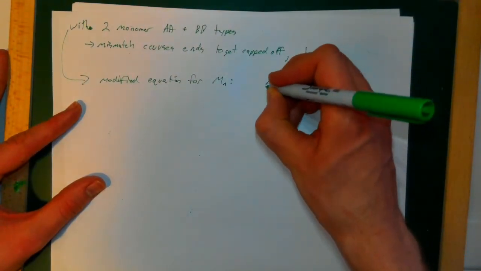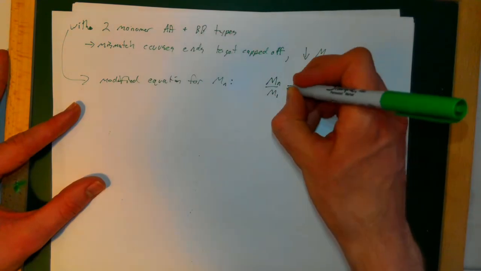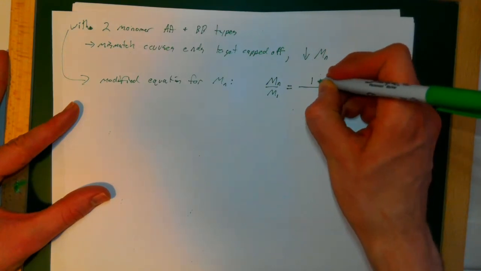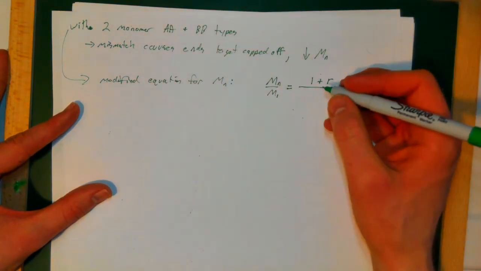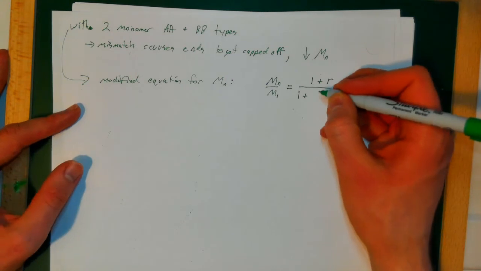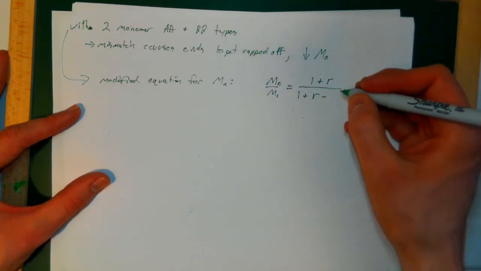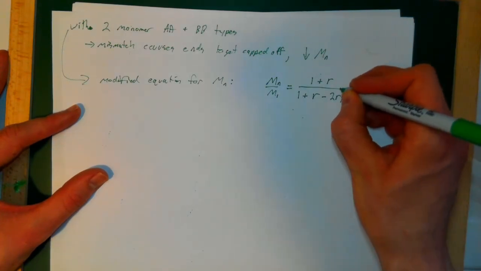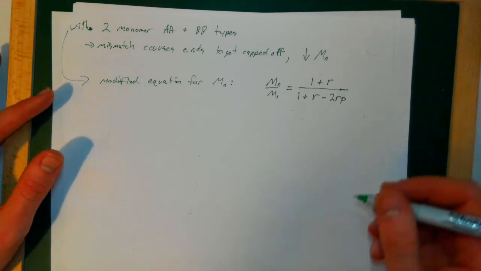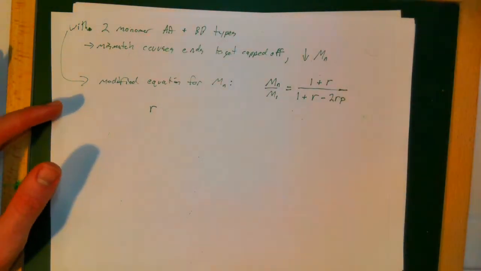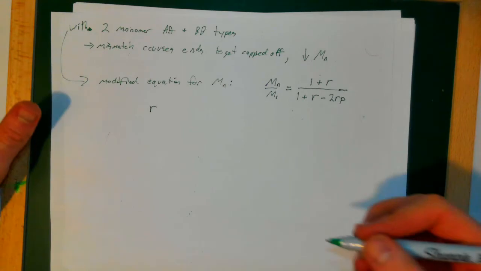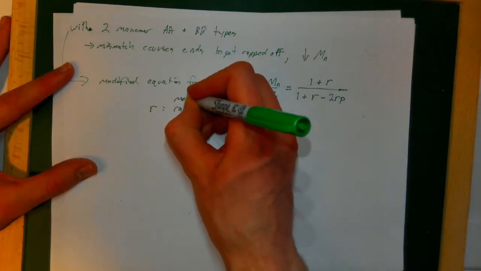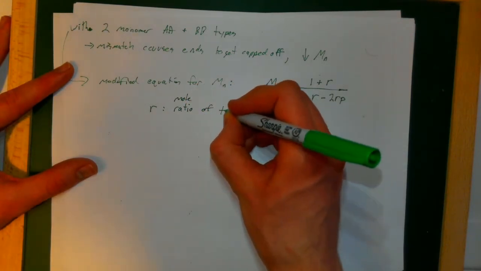Well, it still has Mn over M1, and now it's equal to this, which I'll call (1 + r) over (1 + r - 2rp). So p is still the degree of polymerization, but r is basically a mole ratio of the two types.